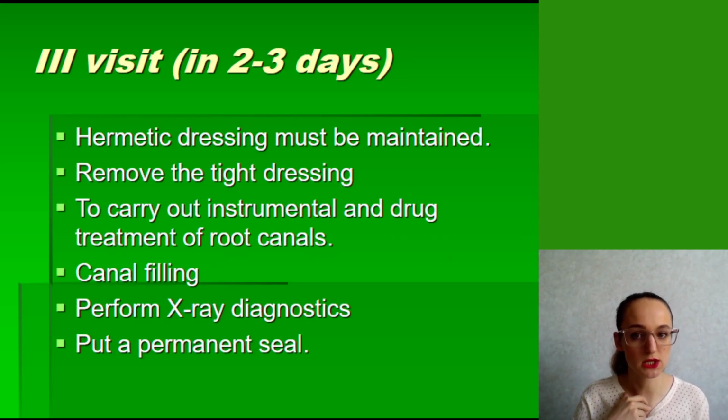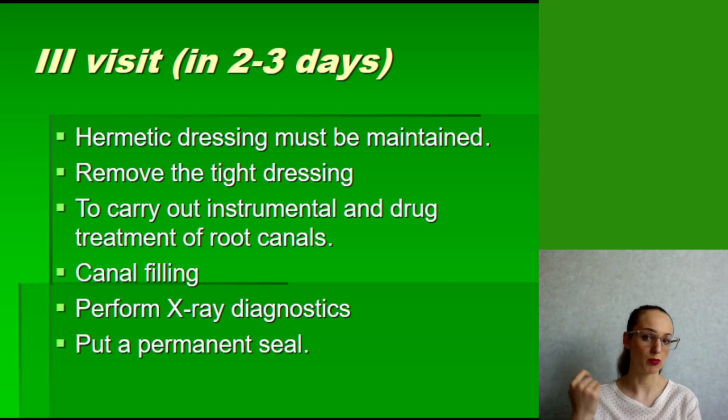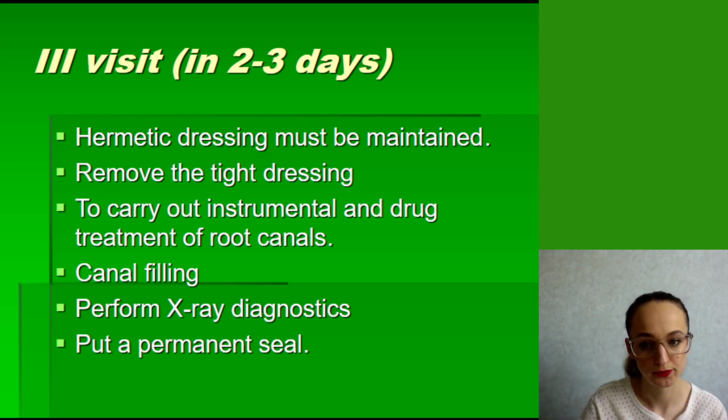The third visit is in 2-3 days. The hermetic dressing must be maintained, so a hermetic restoration. Remove the tight restoration to carry out instrumental and medical treatment of root canals, canal filling, perform X-ray diagnostics, and put a permanent seal.